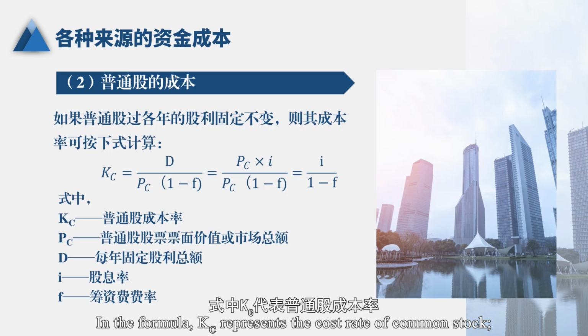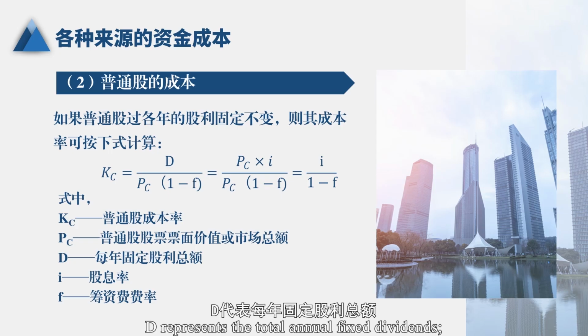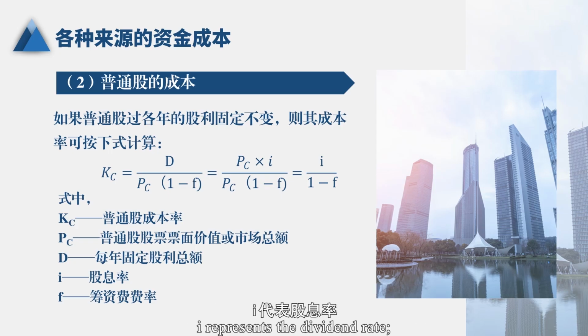In the formula, K_C represents the cost rate of common stock. P_C represents the par value or market value of common stock. D represents the total annual fixed dividends. i represents the dividend rate. f represents the fundraising expense ratio.